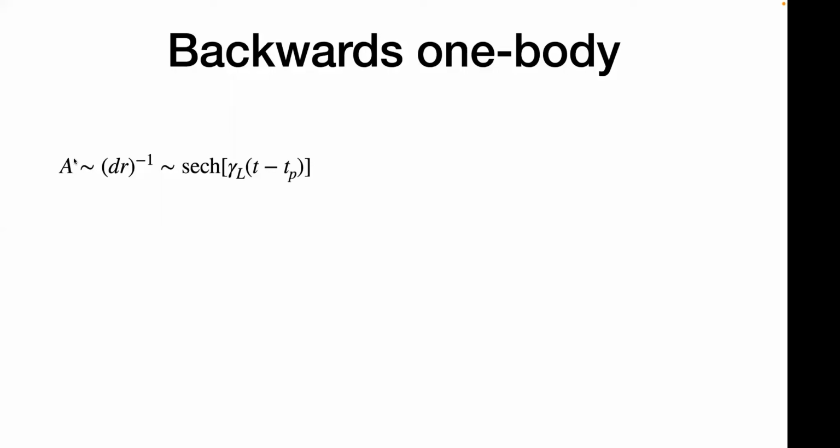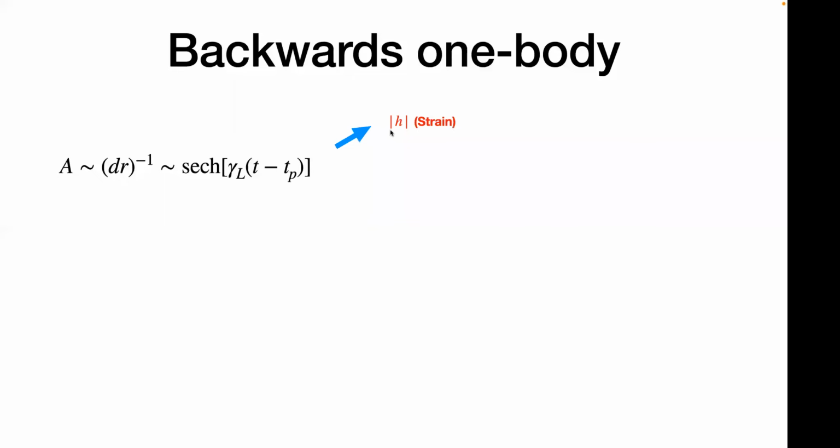So the amplitude of the gravitational wave should go as 1 over delta r, which is this function. But for the moment, we still don't know whose amplitude it is. It could be the waveform h, or its first time derivative called the News function, or the second derivative called the Weyl scalar Psi4.